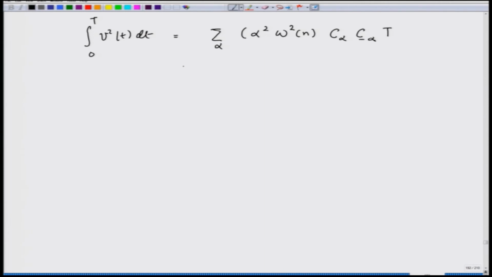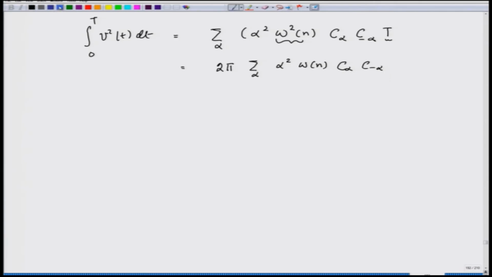And 1 omega and T multiplication gives me 2 pi, and therefore I can write this as 2 pi summation alpha alpha square omega n c alpha c minus alpha. That is the classical result.